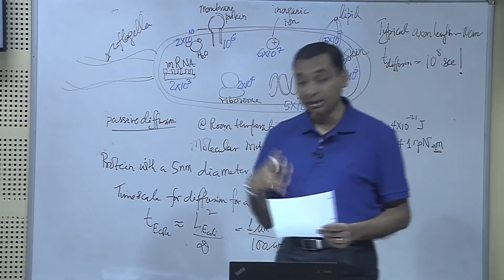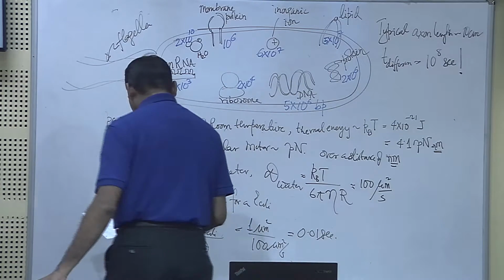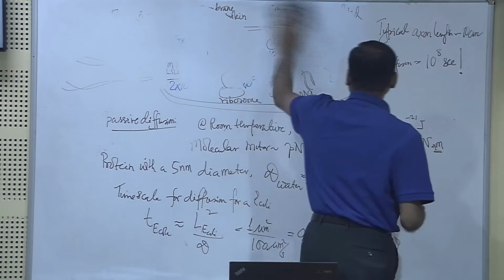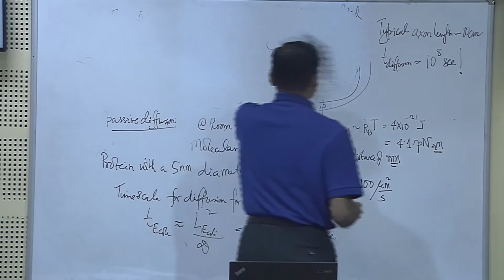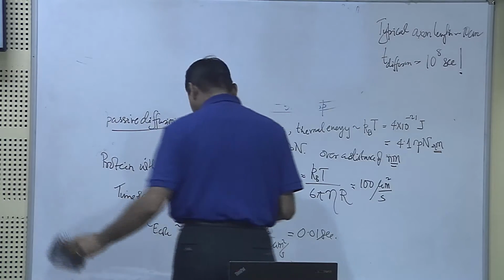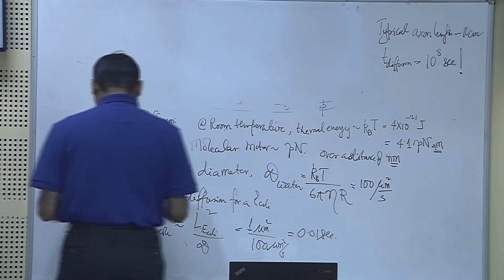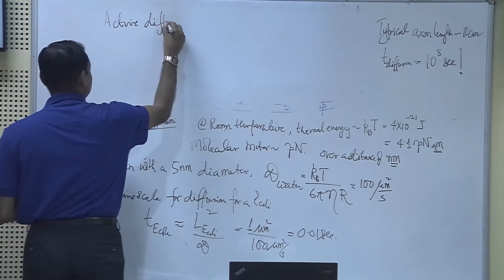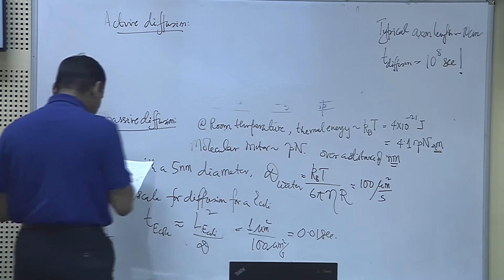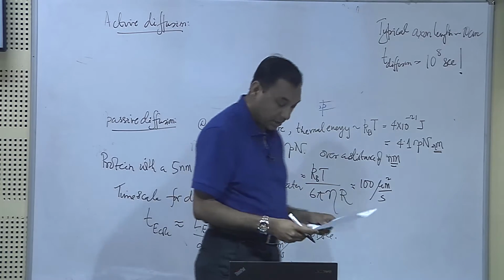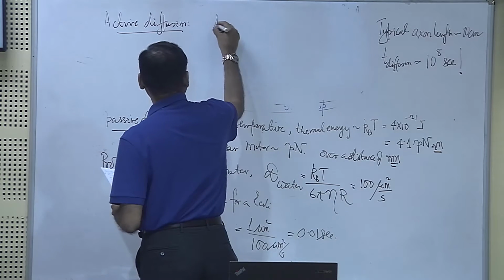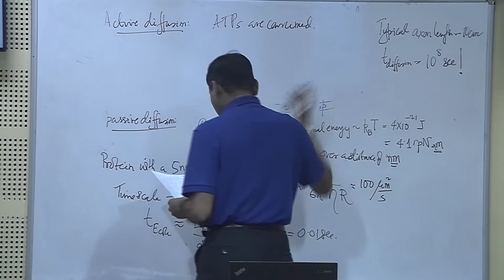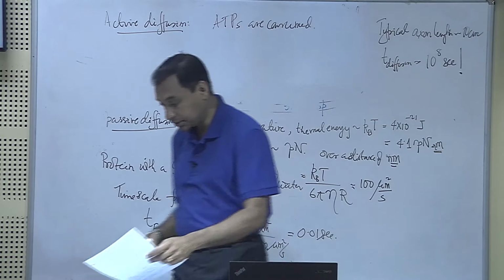That's a cycle that will provide you with the energy. Of course, passive processes will not work, so you have to have an active diffusion process for large systems. Typically, ATPs are consumed, which will provide for these kinds of systems.